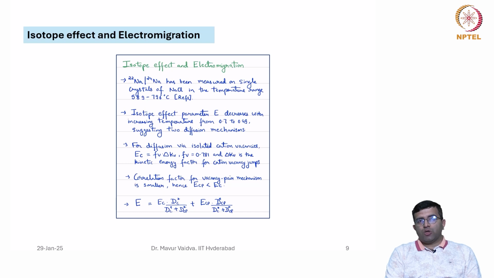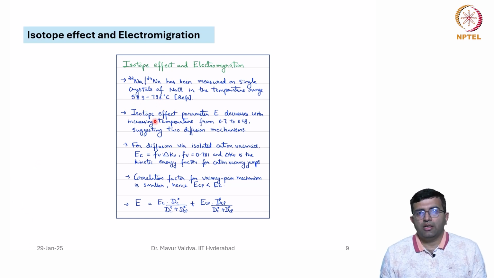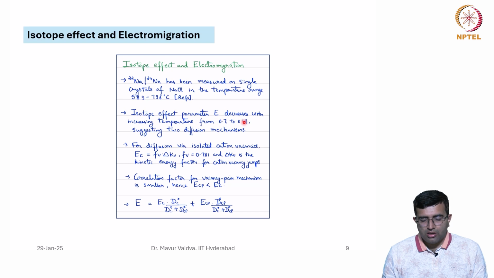So, isotopes of 22Na and 24Na were used to measure the diffusivities in the single crystal in the temperature range 589 to 796 degree centigrade. The isotope effect parameter E decreases with increasing temperature from 0.7 to 0.49, suggesting two diffusion mechanisms.